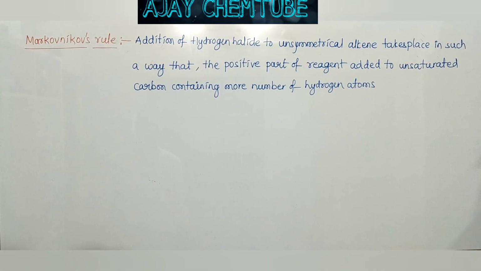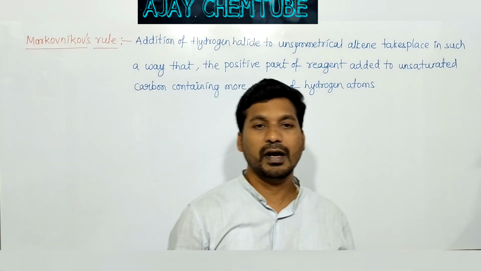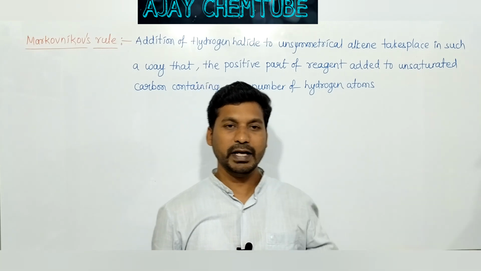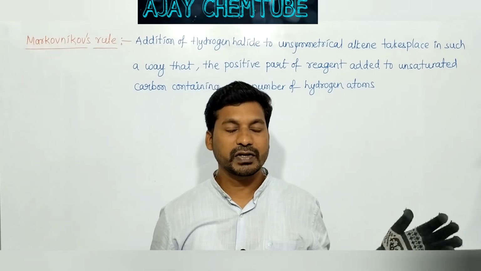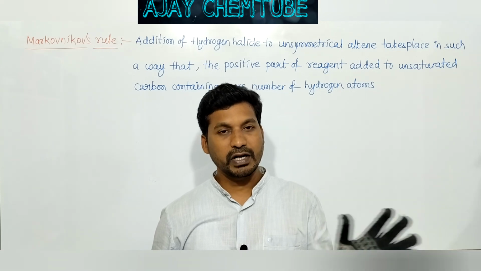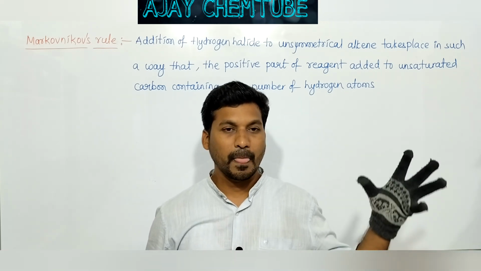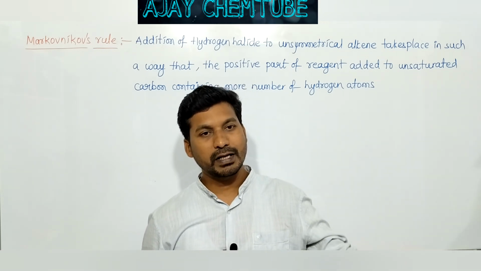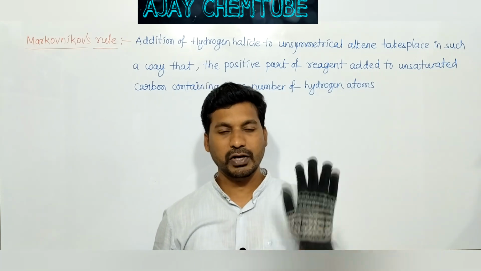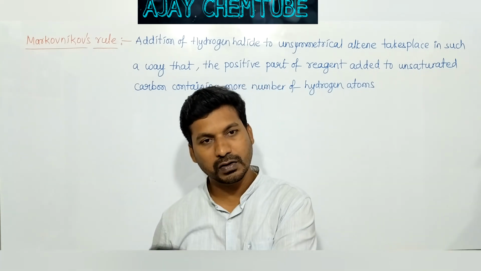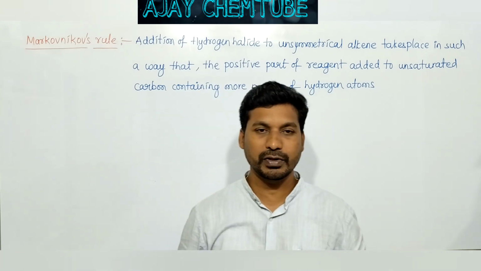Right, what is Markovnikov's rule? Addition of hydrogen halide to an unsymmetrical alkene takes place in such a way that the positive part of the reagent is added to the double bonded carbon containing more hydrogen.